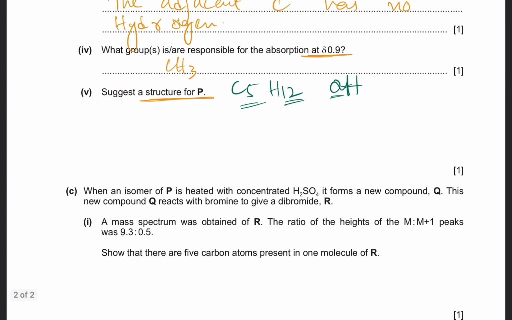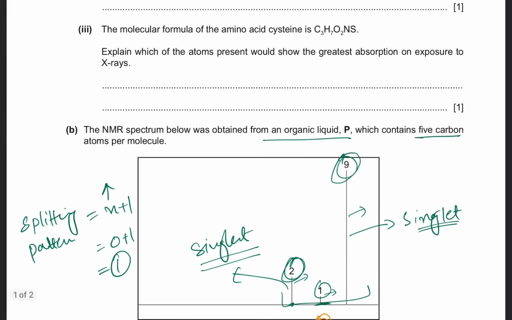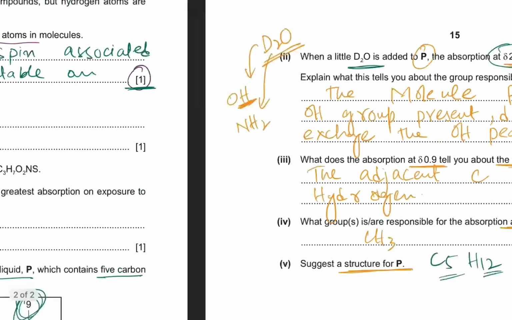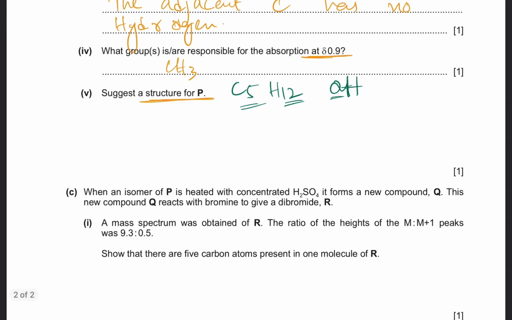So 3 of the carbon atoms have the same type of protons, as you have 9 similar protons. That means we have 3 CH3 groups attached to the same carbon atom. So this would be the carbon atom, and CH3, CH3, CH3. These are 9 protons attached to the same carbon.